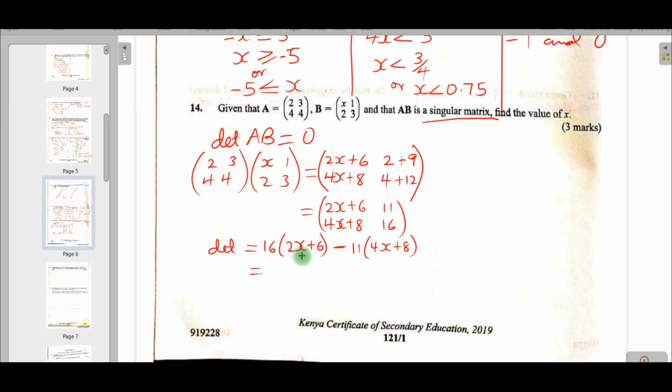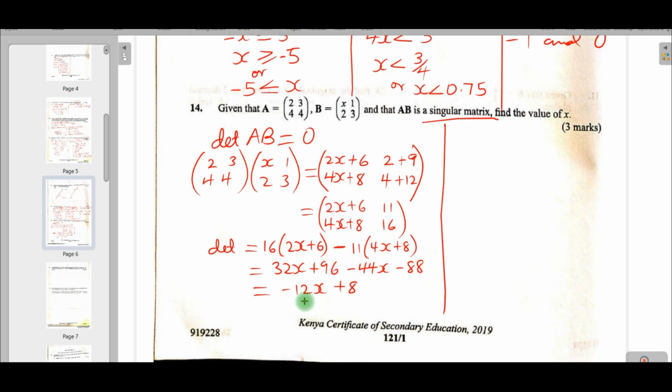Then let us simplify it. 16 times 2x, that is 32x, plus 16 times 6, so that is plus 96. Then 11 times 4x, that will be minus 44x. Then 11 times 8, we have minus 88. So this will be 32x minus 44x, that is minus 12x. Then 96 minus 88, that is plus 8.